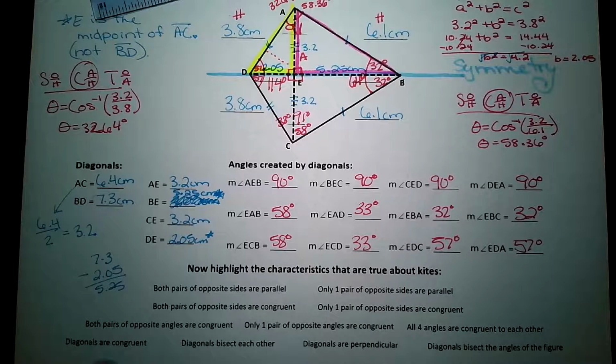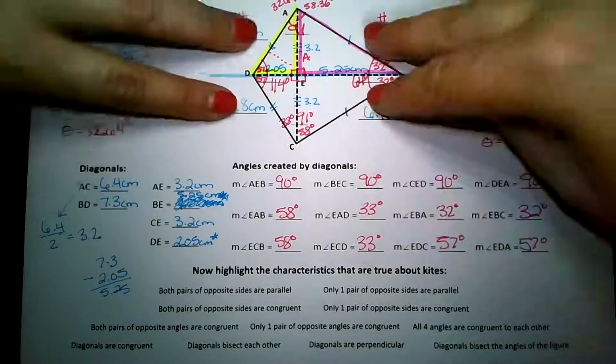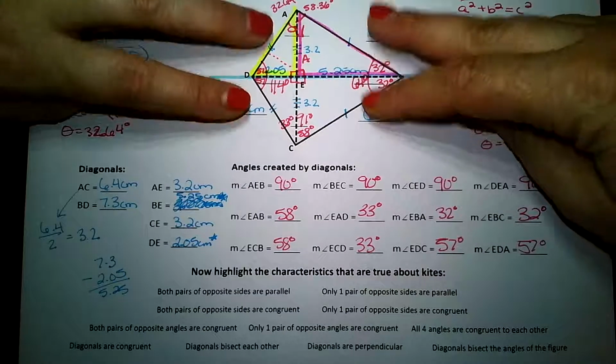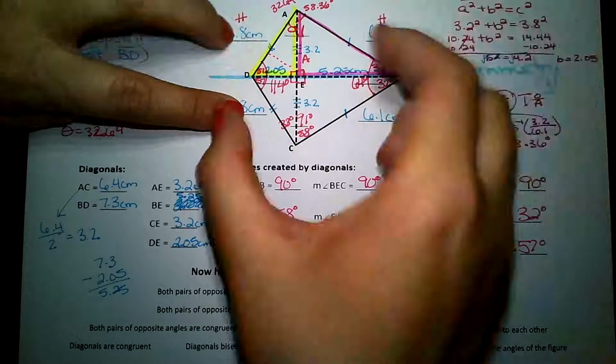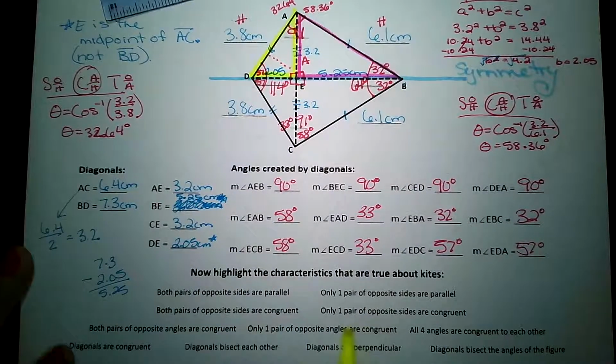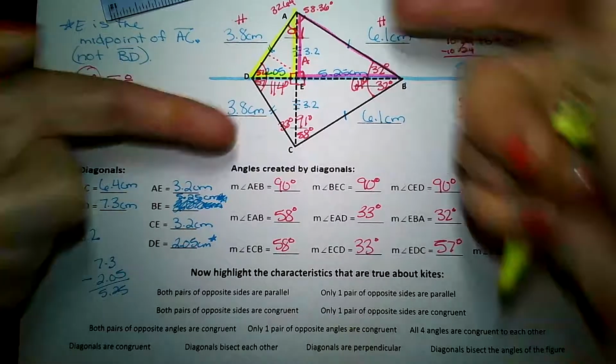We never talked about consecutive interior. All those are out the window here. How about this one? Both pairs of opposite sides congruent. That's a no. I know we have two pairs of sides that are congruent, but they're not opposite sides. So that's out. Not even one pair of opposite sides are congruent.